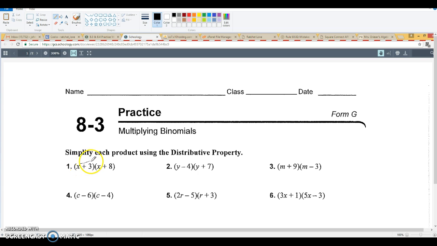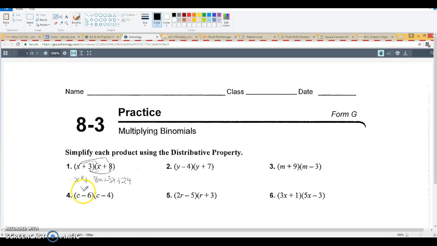Multiply x times x gives you x squared, x times 8 plus 8x, and then you have 3 times x plus 3x and 3 times 8 plus 24.